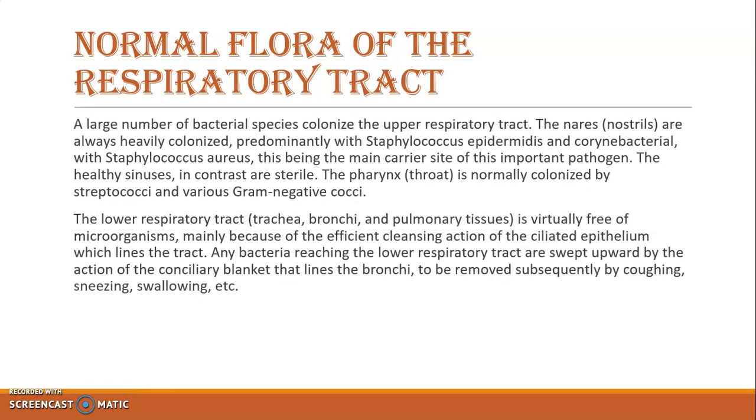Normal flora of the respiratory tract. A large number of bacterial species colonize the upper respiratory tract. The nares are always heavily colonized, predominantly with Staphylococcus epidermidis and corynebacteria, with Staphylococcus aureus, the nares being the main carrier site of this important pathogen. The healthy sinuses, in contrast, are sterile.